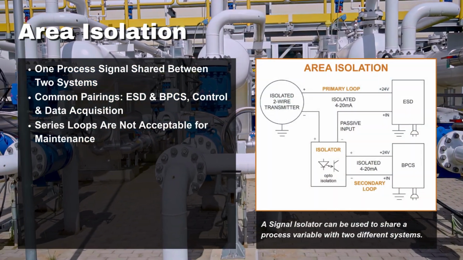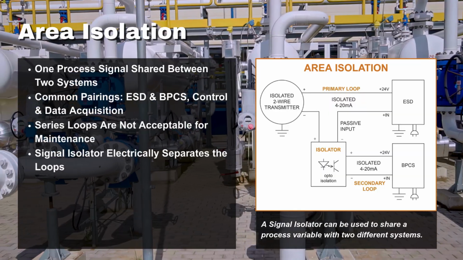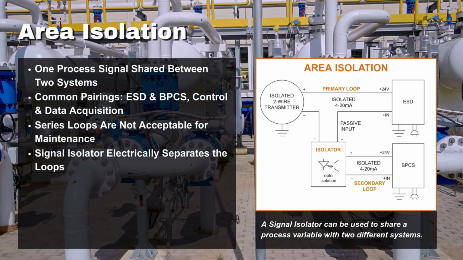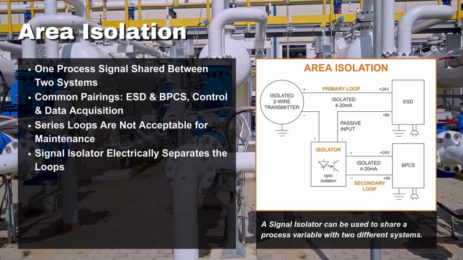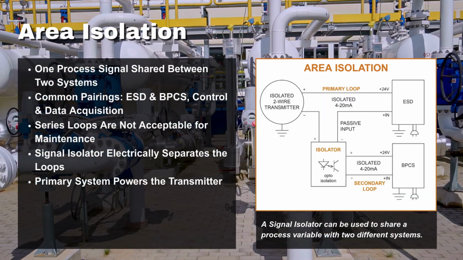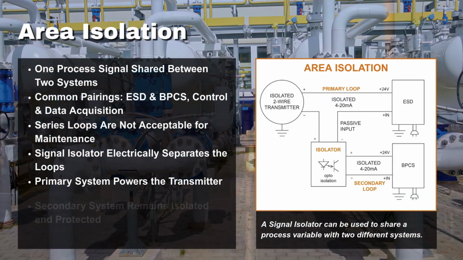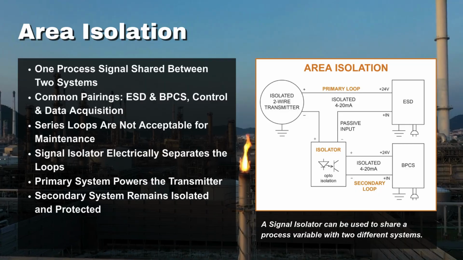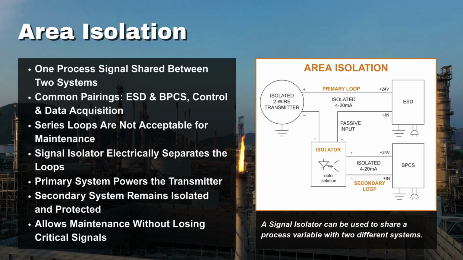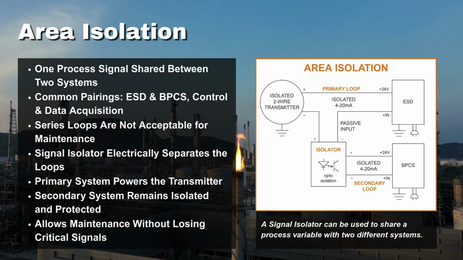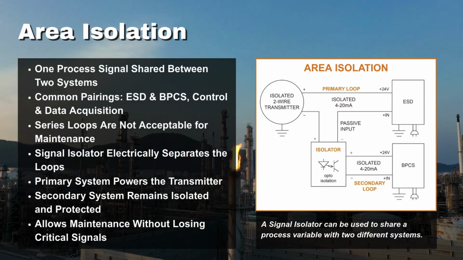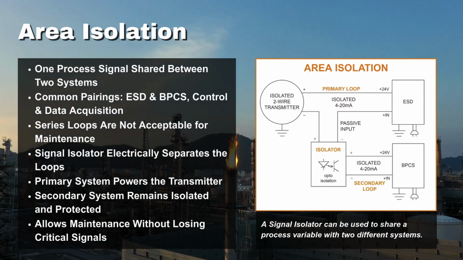Area isolation solves this by using a signal isolator to split the loop electrically. One system is designated as the primary and powers the transmitter, while the isolator creates a fully isolated secondary loop. This allows maintenance on the secondary system without interrupting the primary, protecting critical signals while keeping both systems operational.